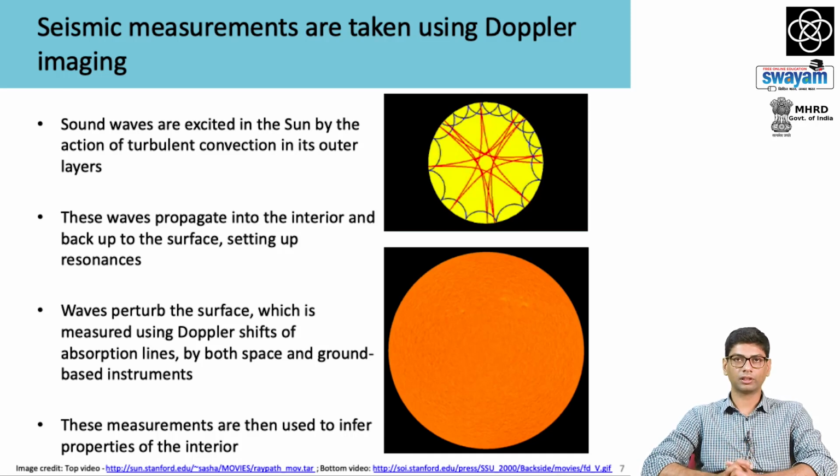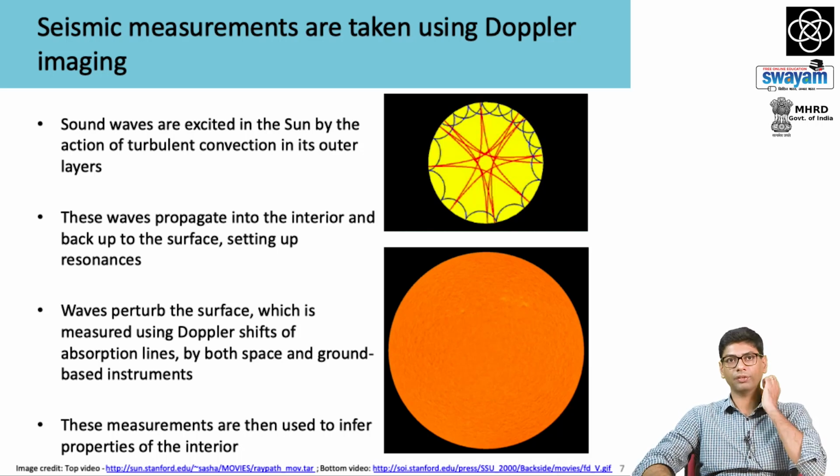And when the surface is displaced by a small amount, these absorption lines are Doppler shifted with respect to us. So they're either red shifted or blue shifted, depending on how the fluid at the surface is moving. And by calibrating these Doppler shifts, we determine the velocity field at the surface. And that gives us the fundamental unit of seismic measurement, which is the solar surface velocity field.